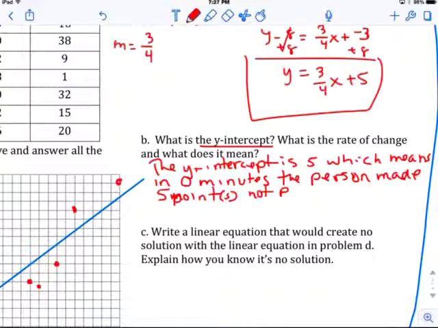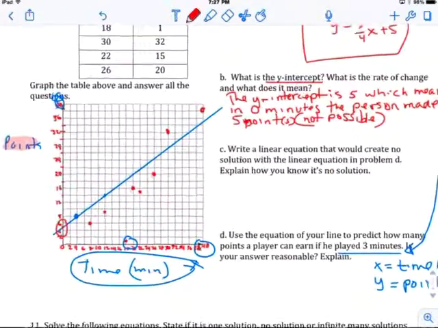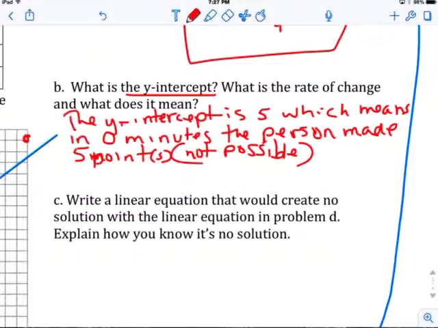Not possible. But based on a graph, we're just explaining what it may mean, but not humanly possible.